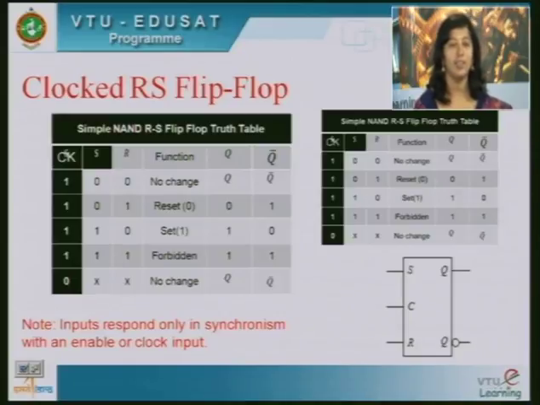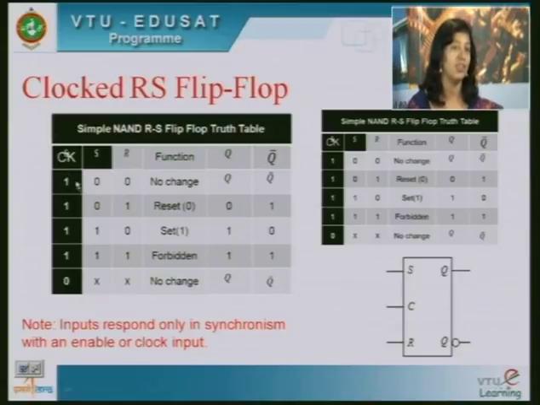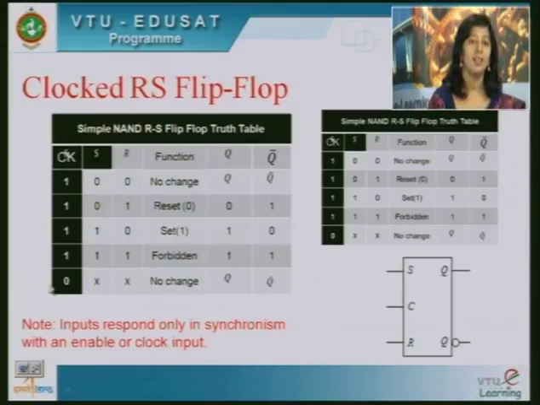The clock signal is shown as CK, and only when the clock is high, the truth table will be the same as in the previous cases. So, S R 00 is the no change state, 01 is the reset state, 10 is the set state, and 11 is the forbidden state. We got the same response as in the previous case when the clock is high or enabled.